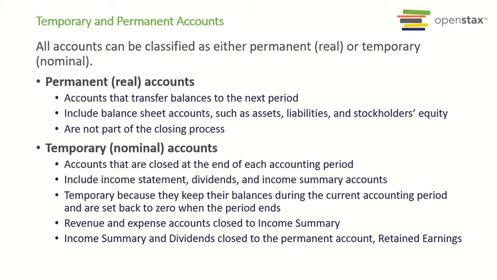It has a zero balance throughout the entire year until the closing entries are prepared. So throughout the year, when we record transactions, we do not use this income summary account. We only use the income summary account when we prepare closing entries. So this income summary account does not appear on any trial balances or financial statements.